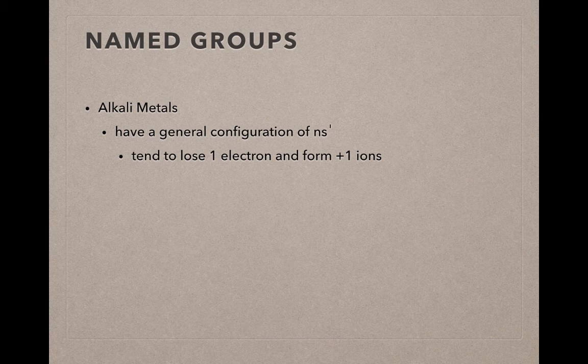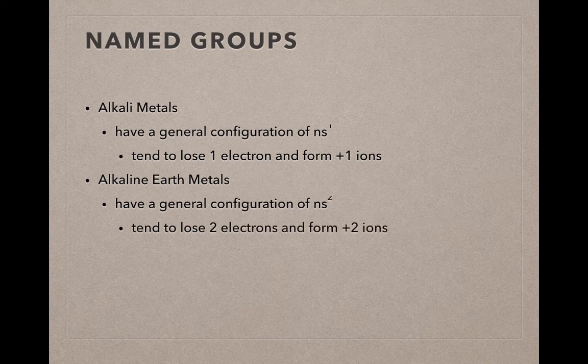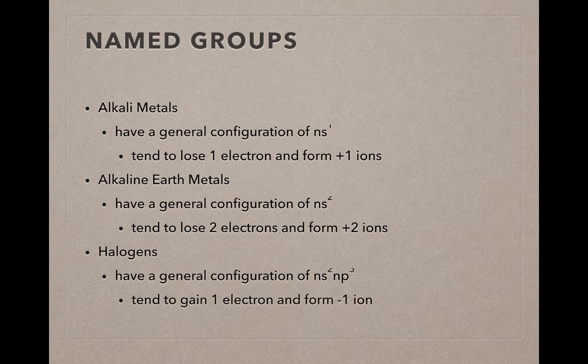Our alkaline earth metals have a general configuration of ns2. They tend to lose 2 electrons and form +2 ions. And then our halogens are on the other side, and they're closer to the noble gases by gaining electrons. So your halogens in group 7 will gain an electron and form -1 ions.